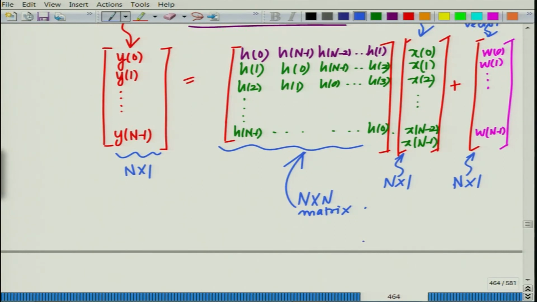Now, the first column, look at this, is h0, h1, hn minus 1, hn minus 2, so on. For the second row, h1 comes from the right to the leftmost spot, and every other coefficient is pushed one spot to the right. Then for the next row, h2 comes from the rightmost to the leftmost position, and every other coefficient is pushed one spot to the right.